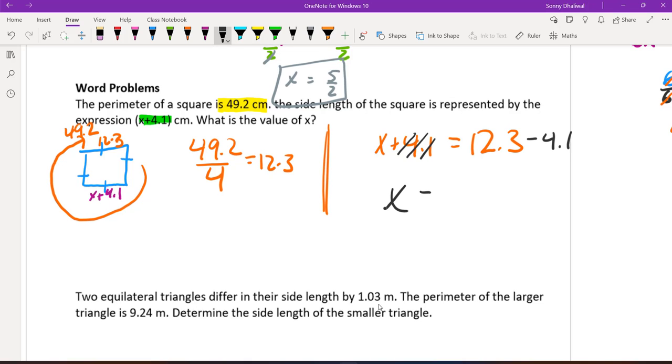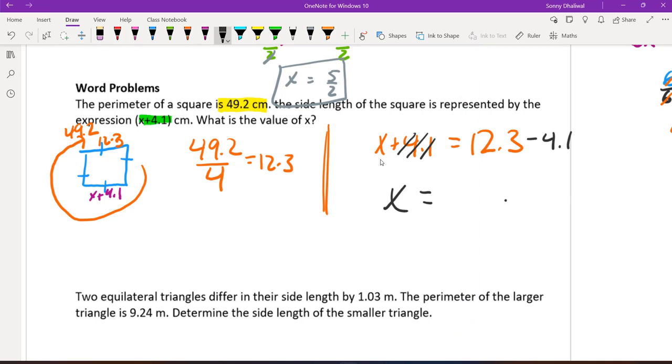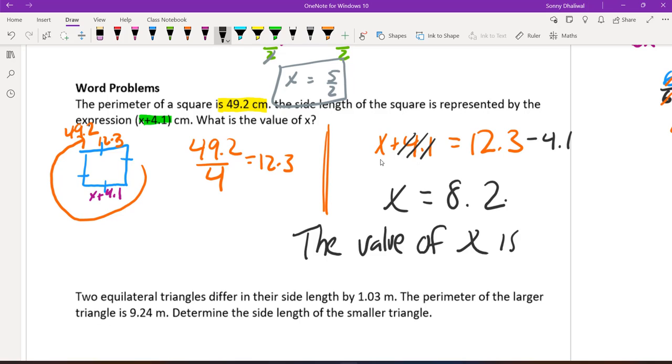So x equals 12.3 minus 4.1, which if I'm first thing in the morning, I think it's 8.2, but I may be wrong. 12.3 minus 4.1, 8.2. Right? So we can say the value of x is 8.2 centimeters. Okay? And that's it. Okay.